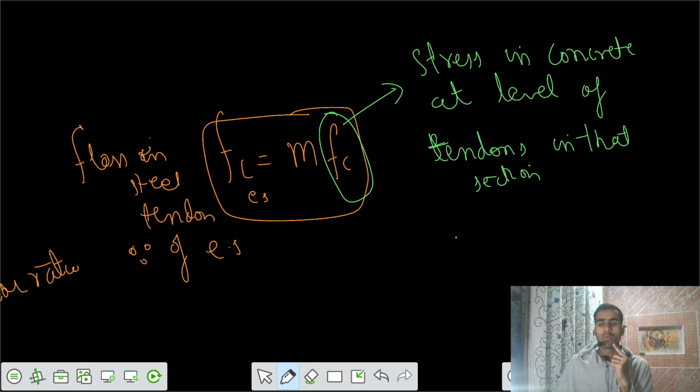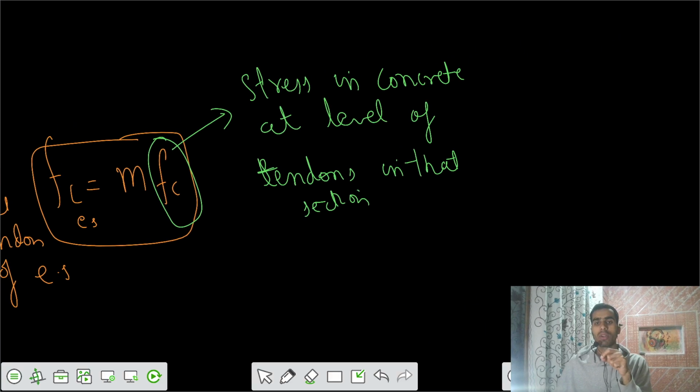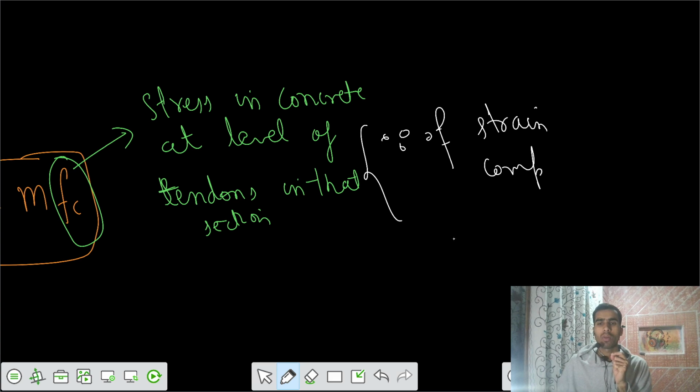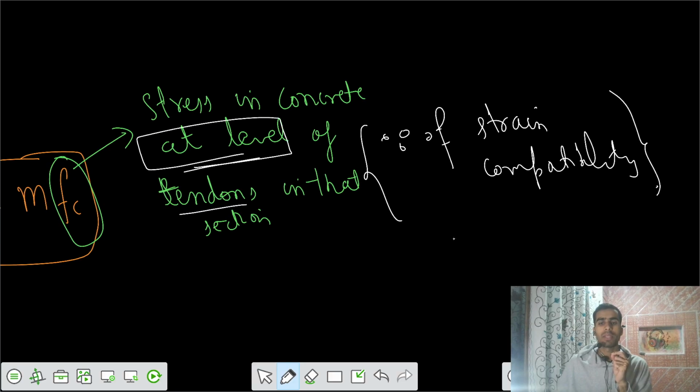Why are we saying at the level of a particular tendon? Because of strain compatibility. So this is a very important statement. We are saying at the level of that particular tendon, in which there is some loss of stress.